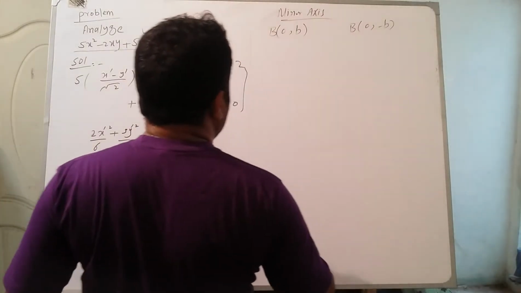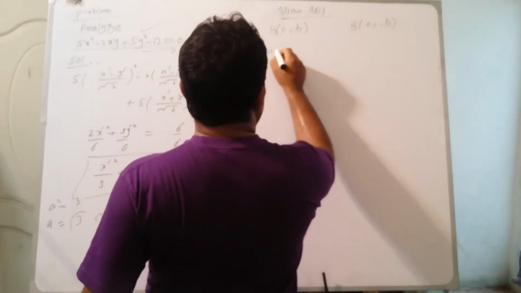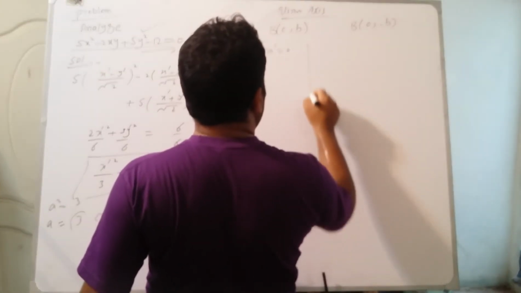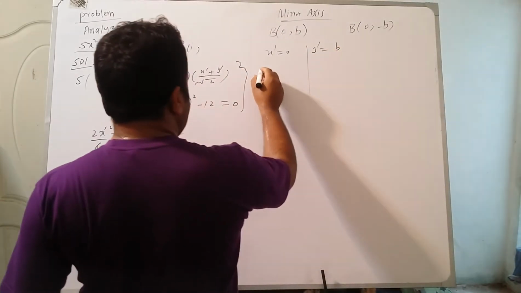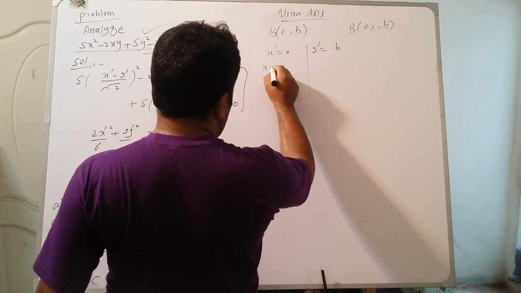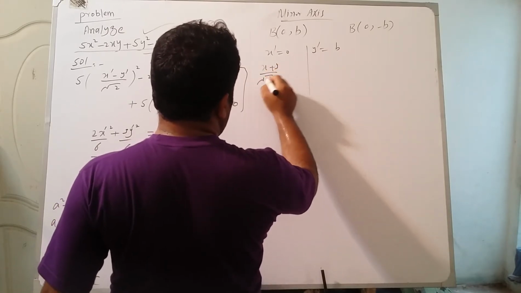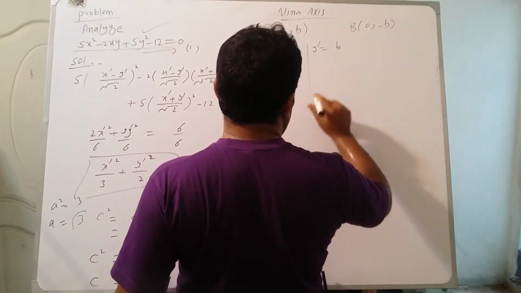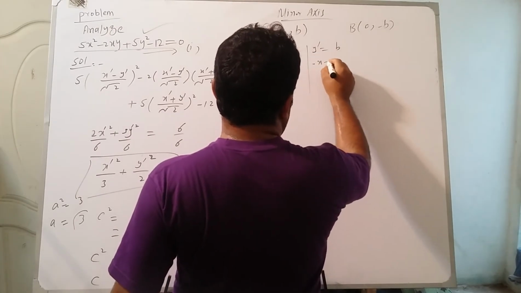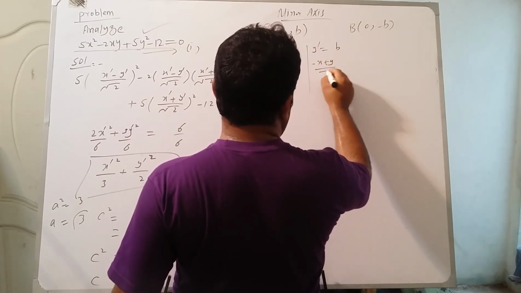So x dash is equal to 0 and y dash is equal to b. x dash means (x plus y) over root 2 is equal to 0, and y dash means (minus x plus y) over root 2.